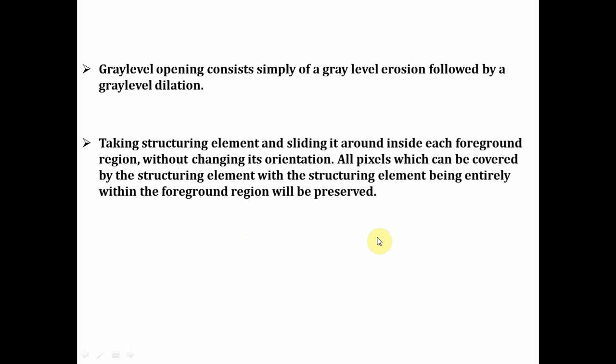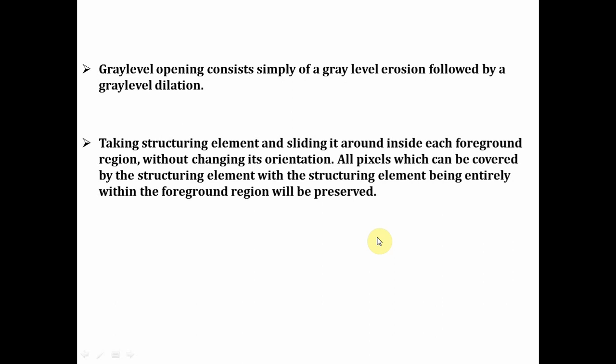Gray level opening consists simply of gray level erosion followed by gray level dilation. We use the gray level erosion that we already did in the last video, followed by gray level dilation.